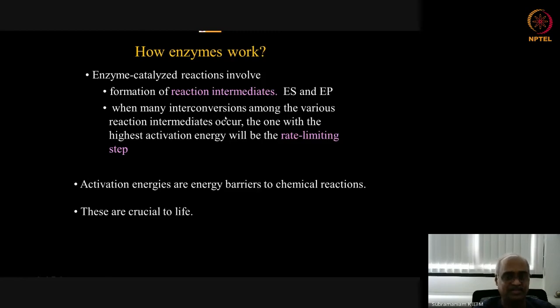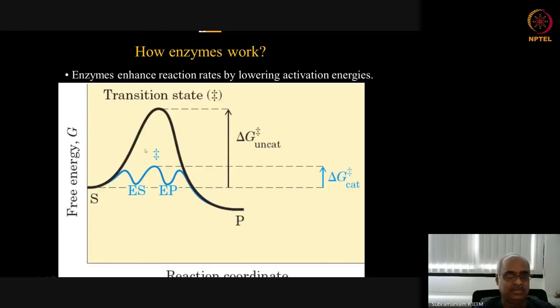When many interconversions like this among various reaction intermediates occur, the one with the highest activation energy will be rate limiting for the overall rate of the reaction. For the overall S to P conversion, the rate at which that can happen will depend on the one that requires the maximum energy. For example, in this case, the ES to EP conversion is rate limiting because that requires the highest energy compared to the previous two.